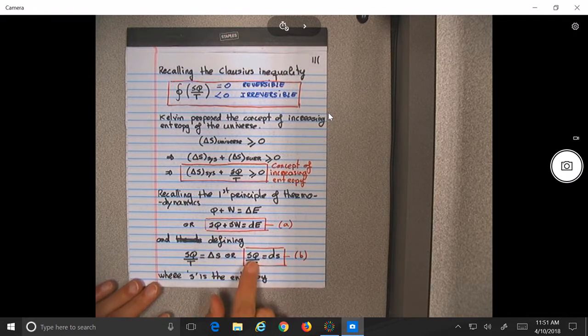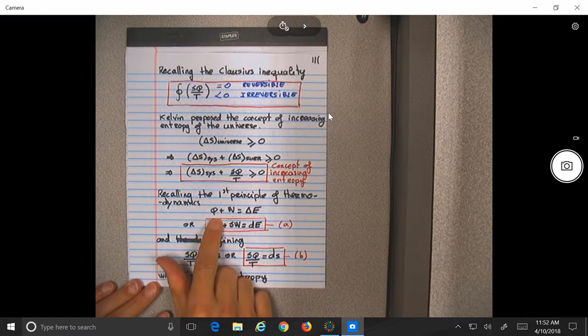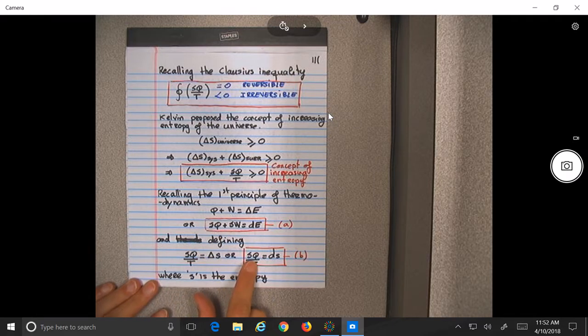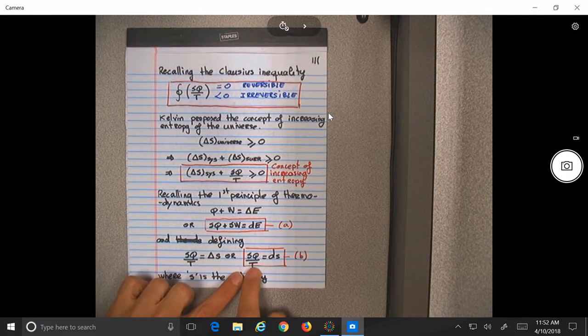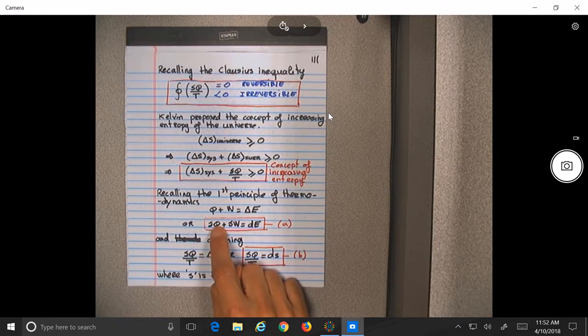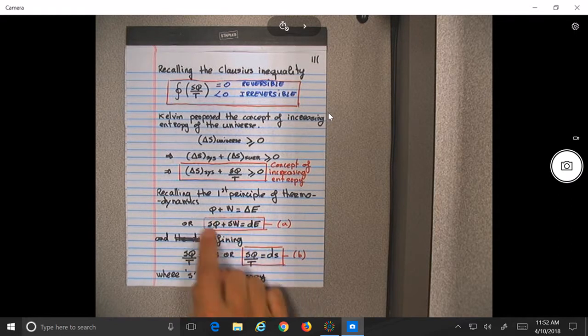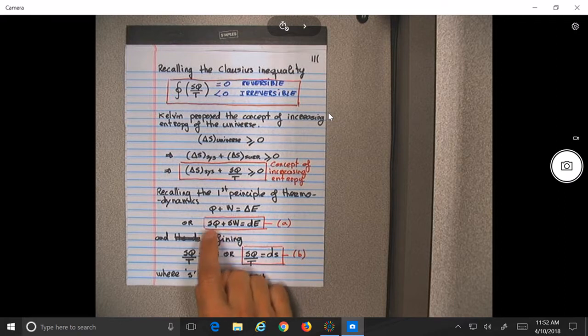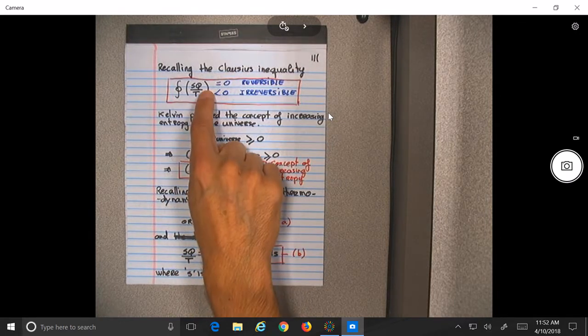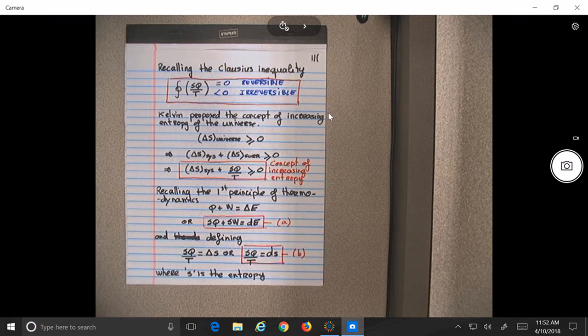How can we combine those two equations? What is the term that these two equations have in common? Q, or delta Q. So we can say that delta Q will be equal to what? If we use this equation, it will be equal to T times dS. So we replace this one into this equation. Now that means that within this equation we have a term that we're introducing that takes care of defining if the system is reversible or irreversible.